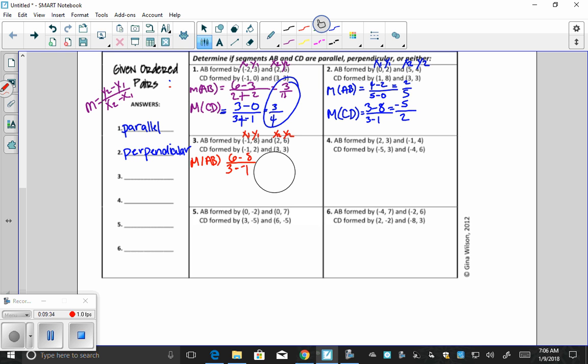I'm sorry, I mixed up my ordered pairs. 6 minus 8 over 2 minus negative 1. Yep. Two negatives become a positive always. So 6 minus 8 is negative 2. 2 plus 1 is 3.